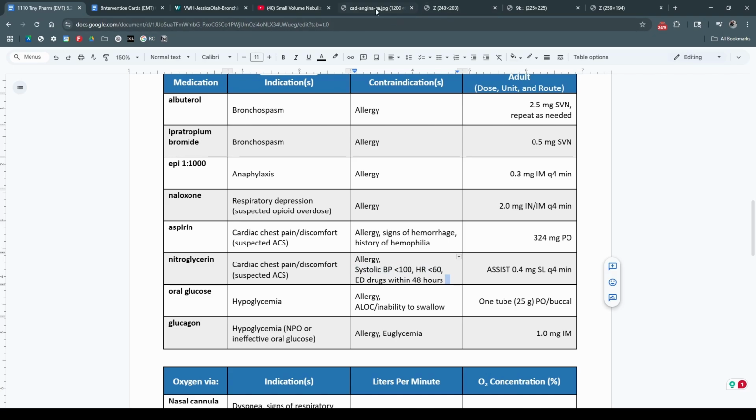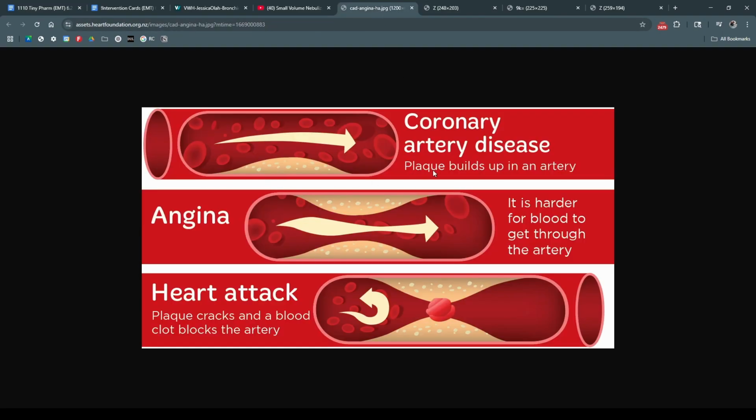Put simply, looking back at our vessels here, nitro causes vasodilation. So as albuterol causes bronchodilation, a widening of our bronchioles, our bronchi, nitro causes a widening of our arteries. And so even though nitro is not fixing this plaque issue, simply by widening the arteries themselves, we can allow more blood flow to go through in theory.